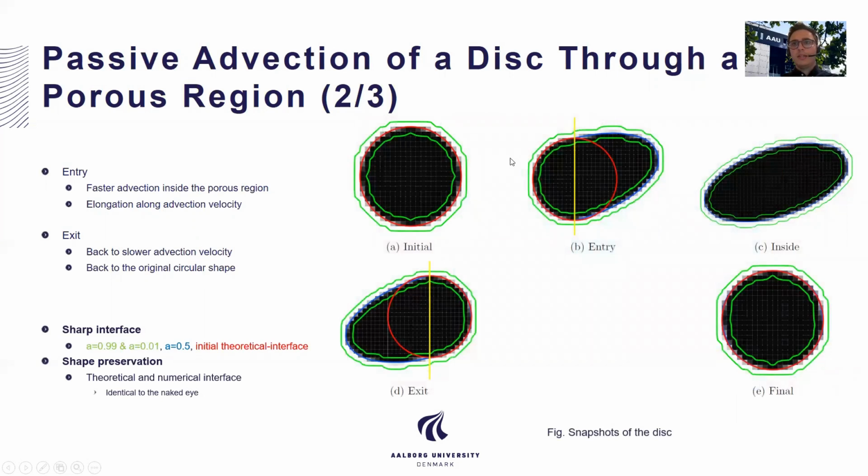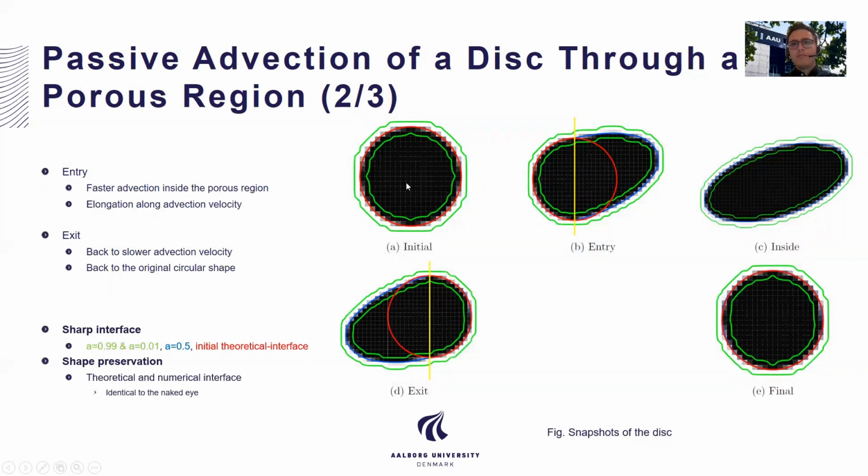And as you can see also here, again, in these characteristic snapshots of the water disk, you can observe some contours related to the interface. In green are shown the alpha 0.99 and alpha 0.01 contours, while in blue is illustrated the 0.5 contour. And in red is depicted the theoretical initial interface of the disk.